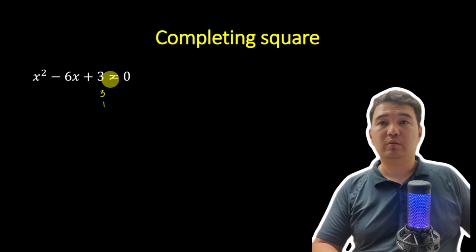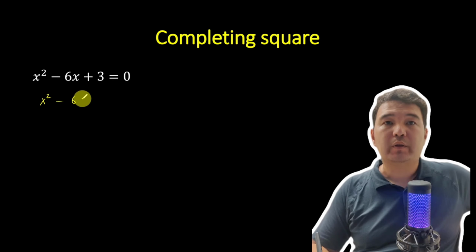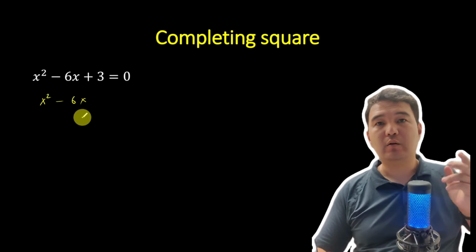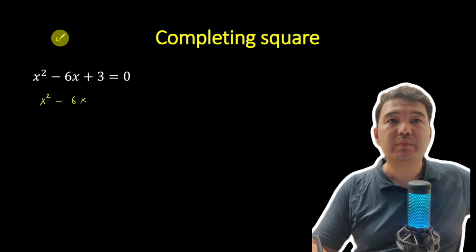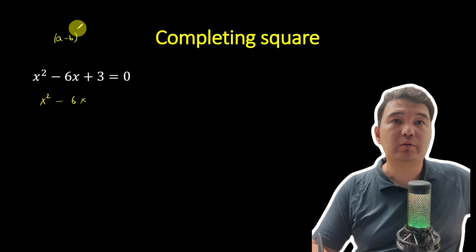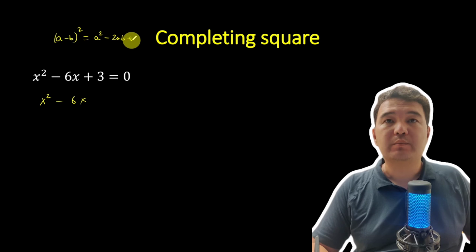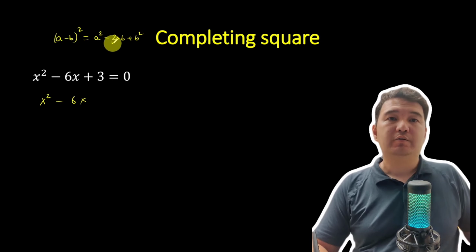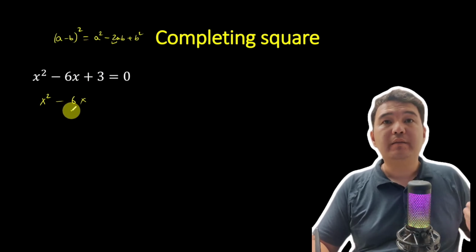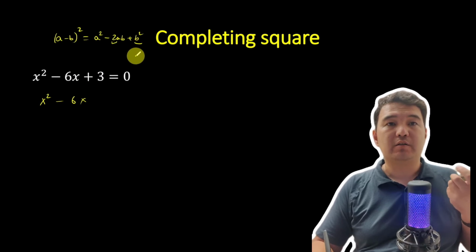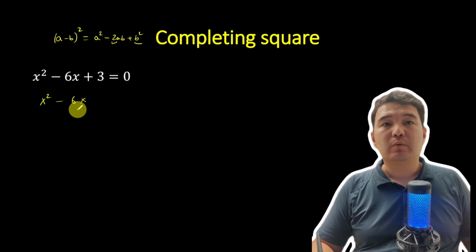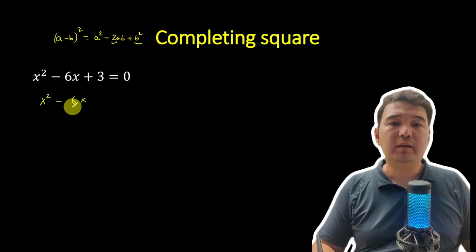So that's why we are going to do completing the square. In order to complete the square, recall the formula for a minus b or a plus b squared. So you have a squared minus 2ab plus b squared. You need to try to find the b of the expression. So you have x squared, and you need here 2ab.